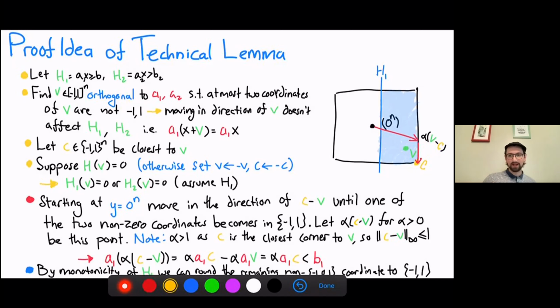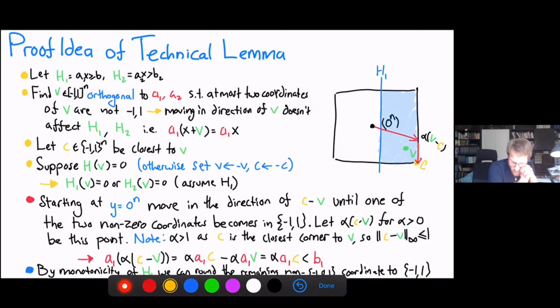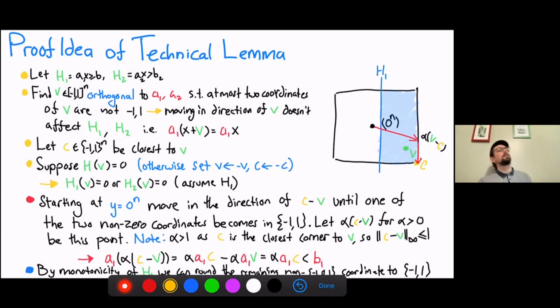So why are we subtracting off this corner? Well, because if you subtract off this corner, then every coordinate becomes 0 besides these two fractional coordinates. But somehow the corner that is closest will correspond to the one of these two variables with the larger coefficient, or no? Yeah, good question.